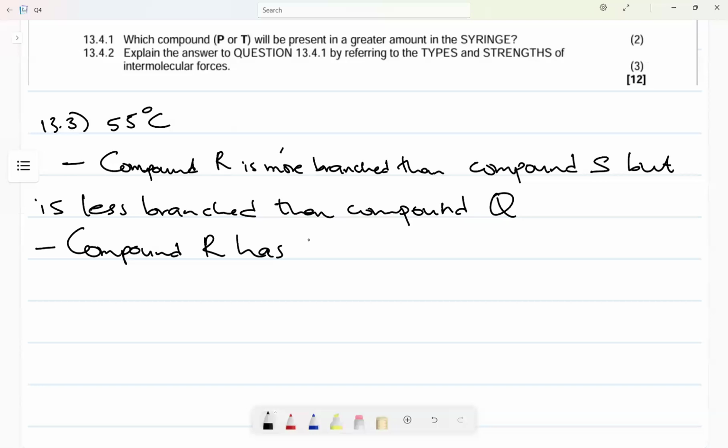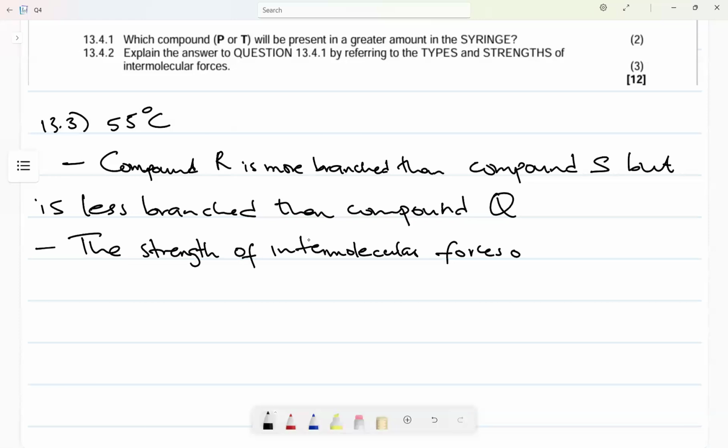So since compound R is branched more than S, you'll say the strength of intermolecular forces of compound R are stronger than the one that is more branched than it.